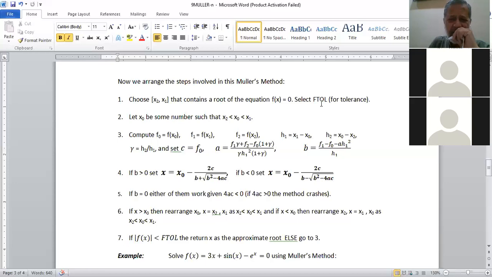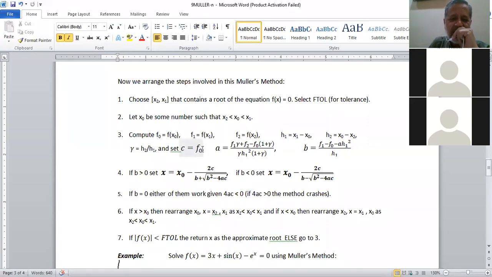अगर function की value very small है, इसका मतलब है function graph is very close to x-axis. Let x naught be some number such that x2 less than x naught less than x1. Compute f of x naught, call it f naught, f of x1, f of x2, h1, h2, gamma.